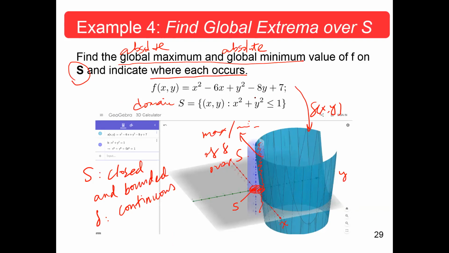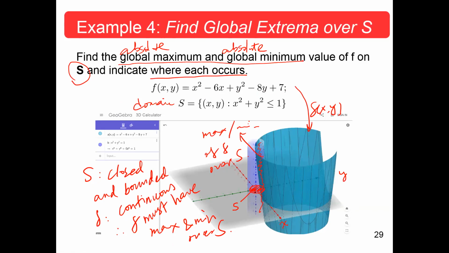So function f being continuous and S being closed and bounded, therefore, according to the theorem, function f must have a max and min over the specific area S. The extreme values must exist over this S. The question is where and what are these extreme values?